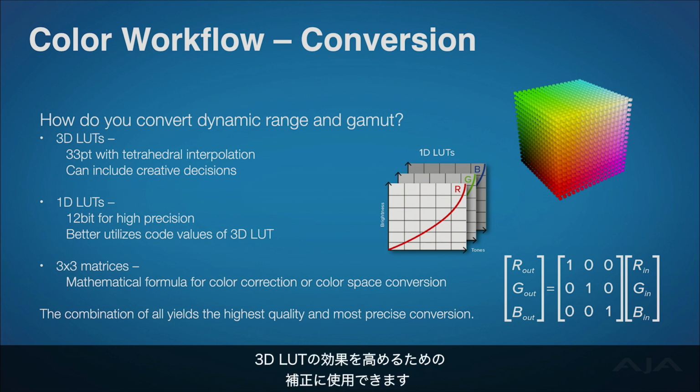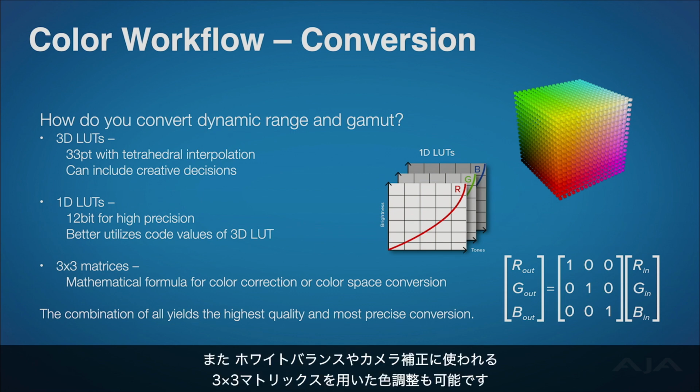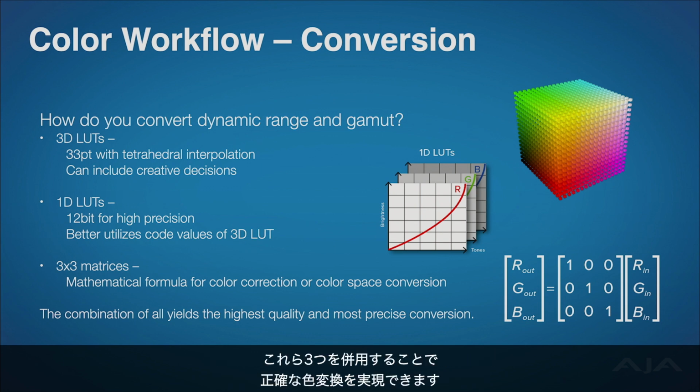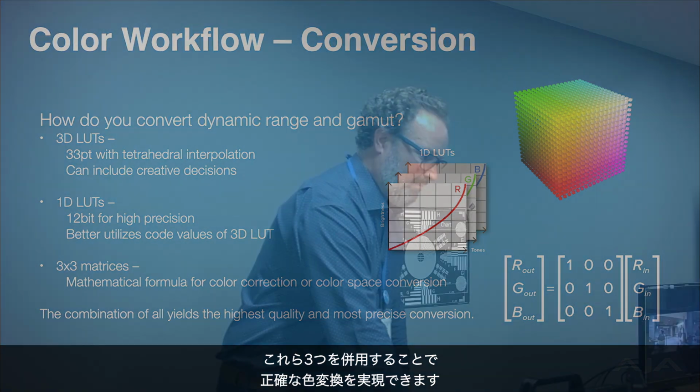And these can be used as shaper LUTs to get better use of the code values in the 3D LUT. And then there's 3x3 matrices, which is a mathematical formula that's sometimes used to adjust white balance and camera correction. But it's really the combination of all of these which helps to yield a high quality and most precise conversion.